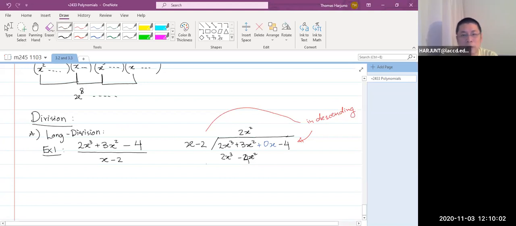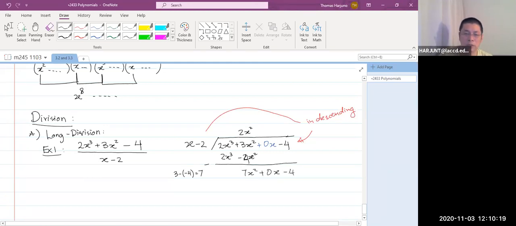Now then, just like a regular long division, we will subtract. So you will subtract 3 minus negative 4. That's positive 7. This is 7x squared plus 0x minus 4.